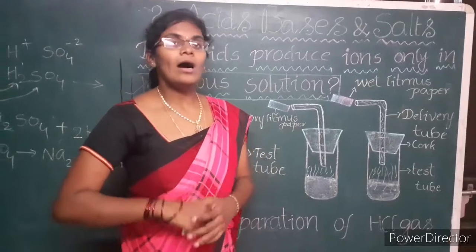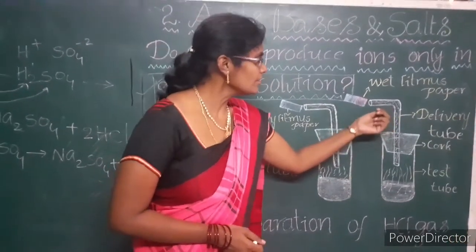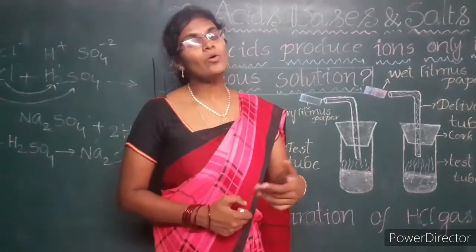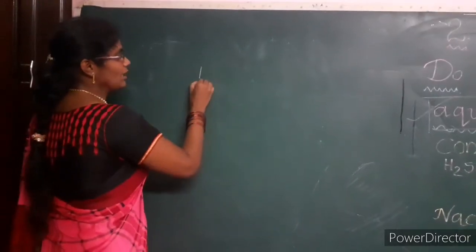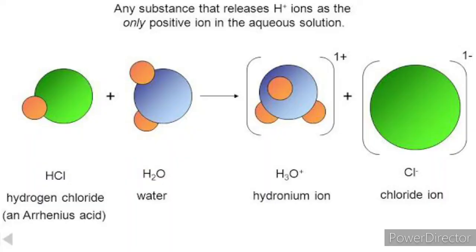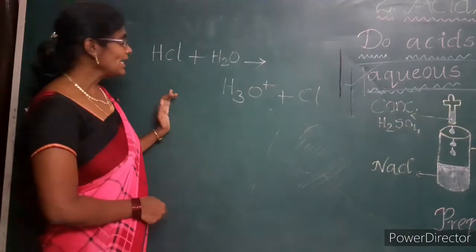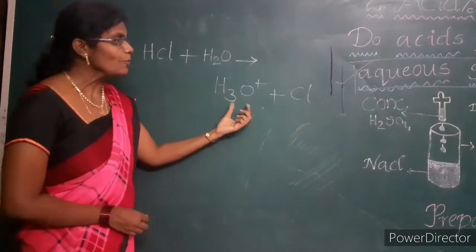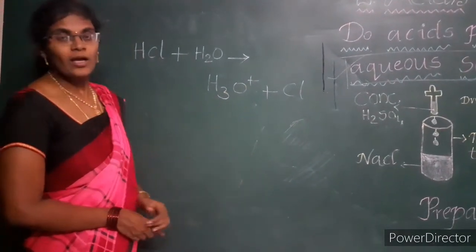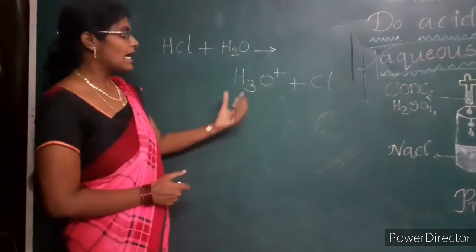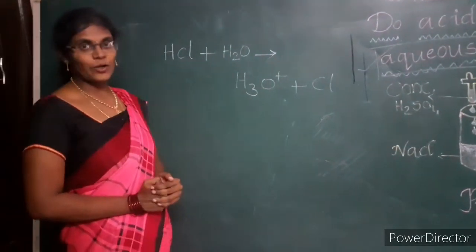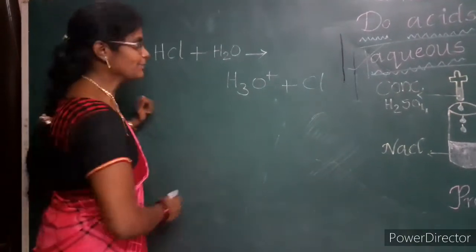So children, now I will explain the chemical equation for the reaction of hydrochloric acid in water. Children, when hydrochloric acid reacts with water, it produces H3O plus and Cl minus. Children, here H3O plus means hydronium ion. Already in part 1, the introduction of acids, I explained this H3O plus ion. Once again, I will explain here. Listen.